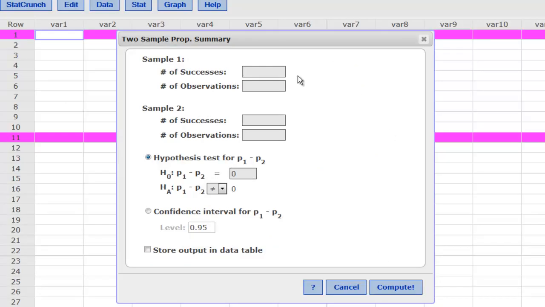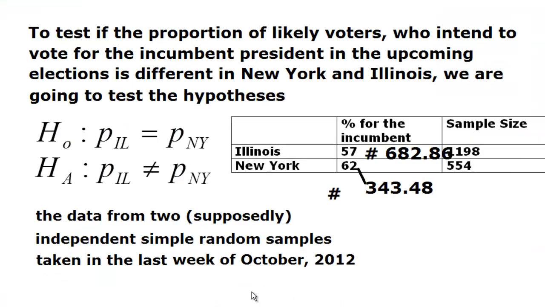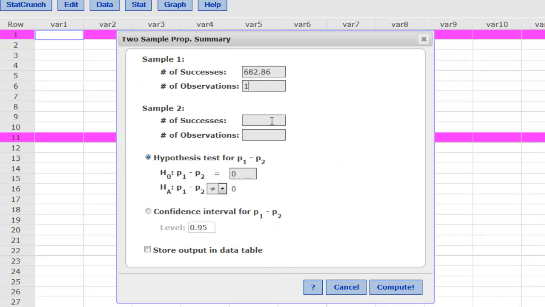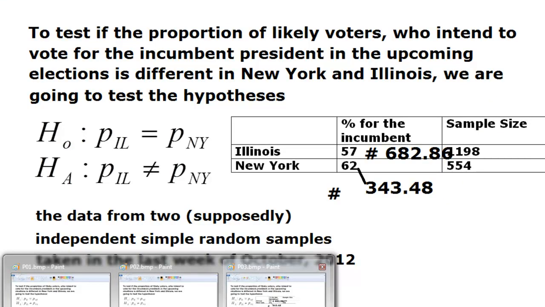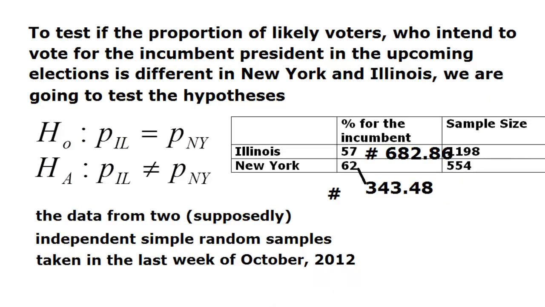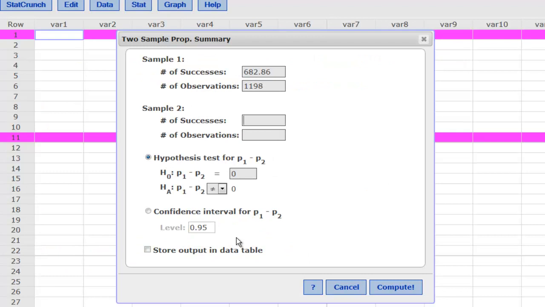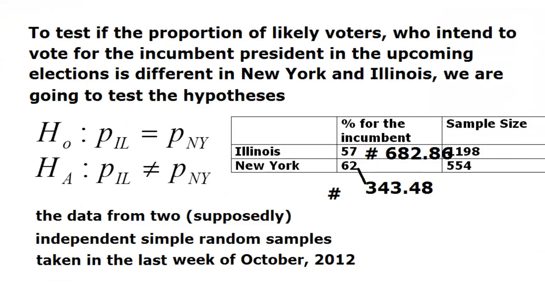So we come back here, and what we have here is 682.86 out of how many? It's 1198. And the other one was 343.48 out of the total of 554.